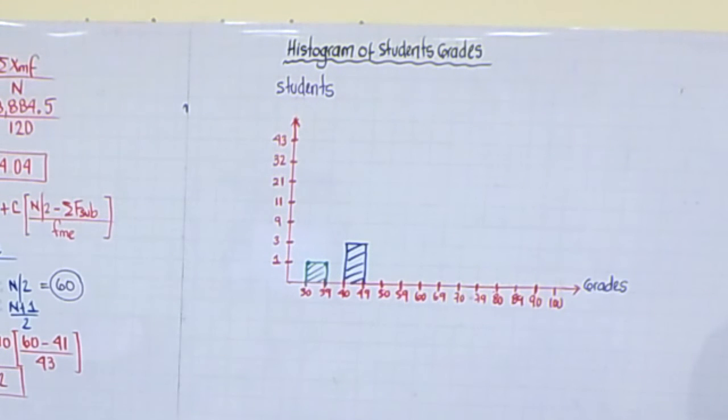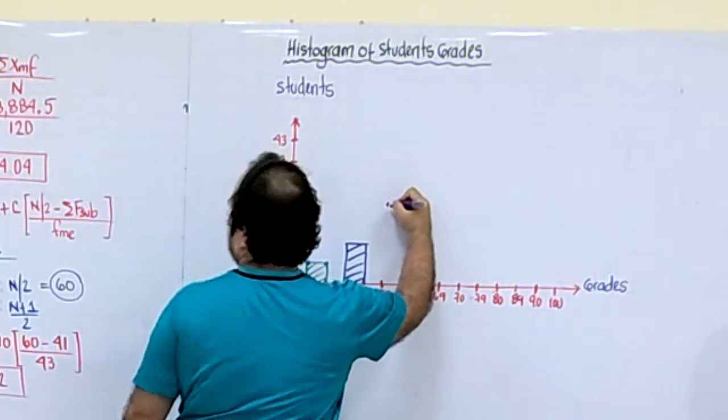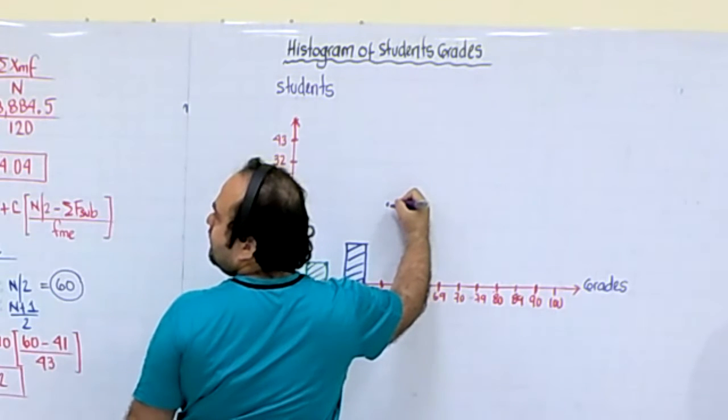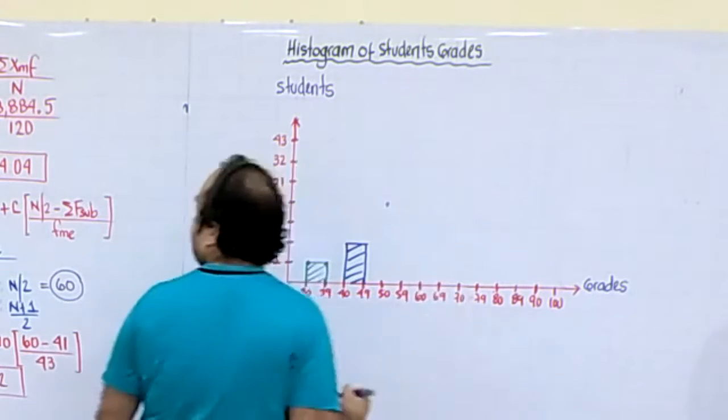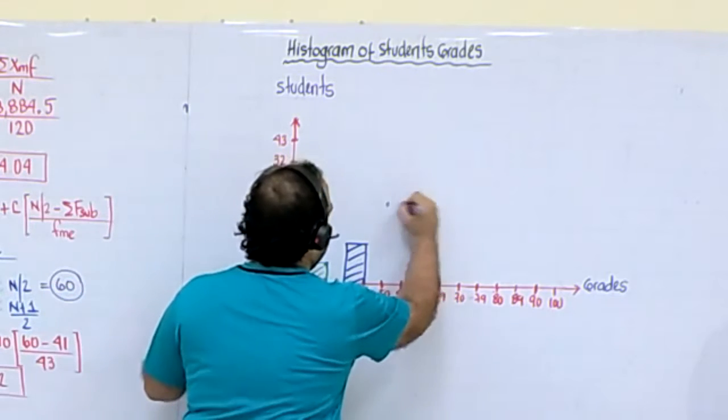The third one, 50 to 59, will be 11. We can use this purple one. 50 to 59, that was 11 units.